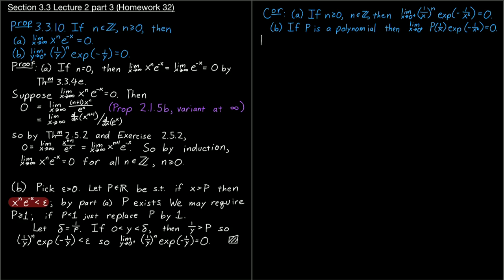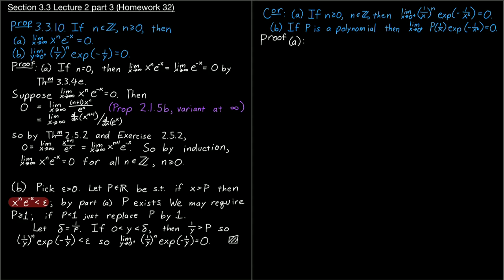So let's prove this. So part A, we're going to use proposition 2.1.5b again. Technically, proposition 2.1.5 is limits at a finite point, not necessarily at infinity, but everything in proposition 2.1.5 and 2.1.11 for that matter carries through for limits at infinity. That's not a terribly difficult exercise.